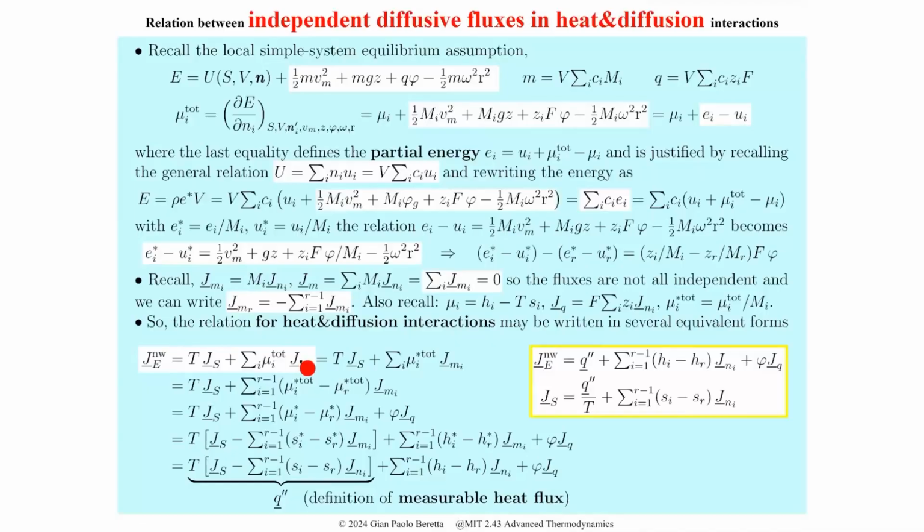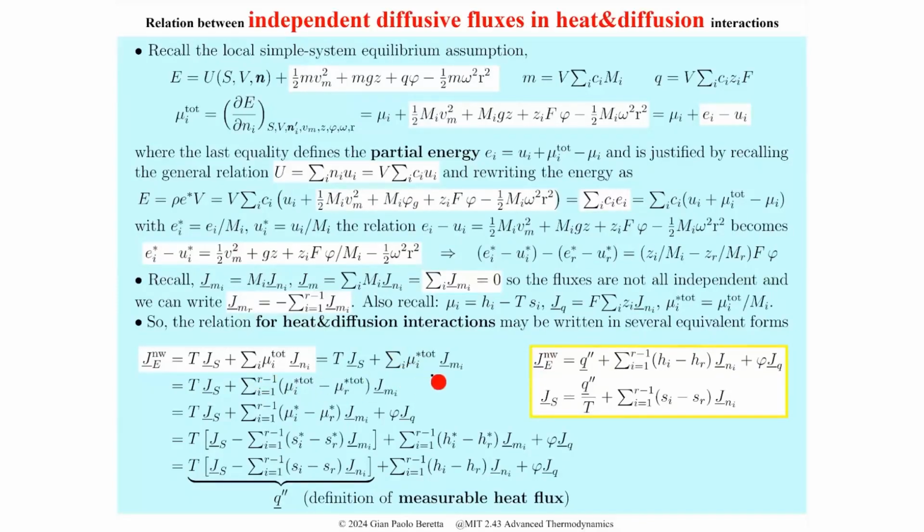So one way is to rewrite by subtracting this equation here. We first do it with the mass, so that this is easier to subtract. So here, when I see the summation it goes from 1 to r, the total amount of constituents.